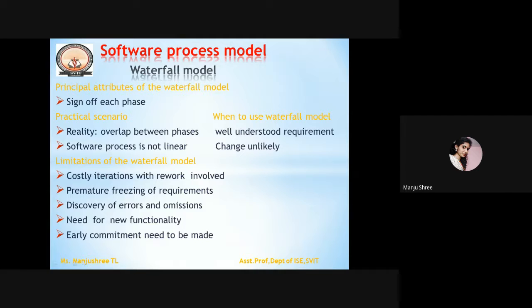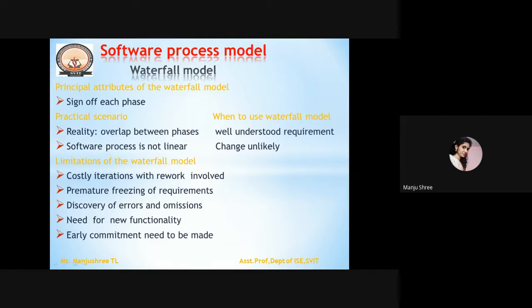One more thing: the system won't do exactly what the customer wants until the final phase of the life cycle, operation and maintenance, when the software is put into use and errors and omissions in the original software requirements are discovered.